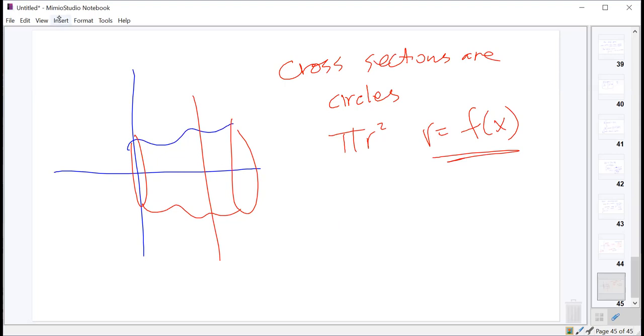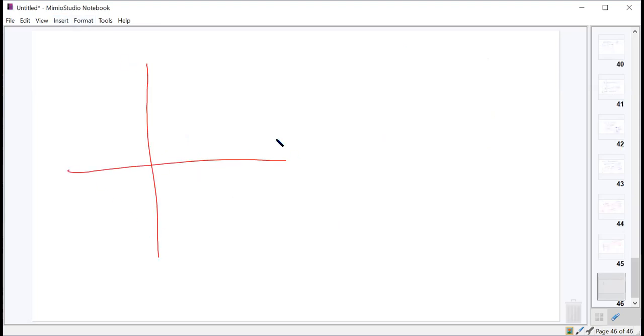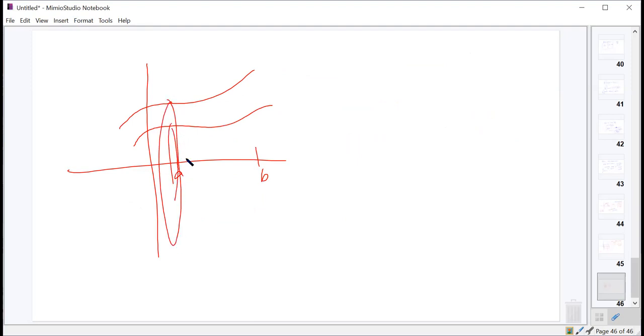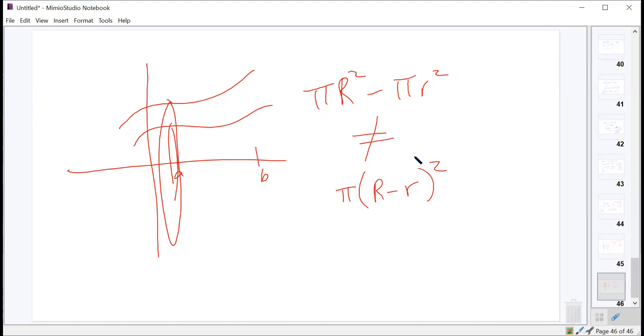If we end up with something like this that we're revolving around, right, from A to B, going around the x-axis, this time we're going to end up with a circle with a circle cut out of it. We end up with our washers, pi times the outer radius squared minus pi times the inner radius squared. This does not equal pi times R minus r squared. Don't do that. That is not right. And this is incorrect.